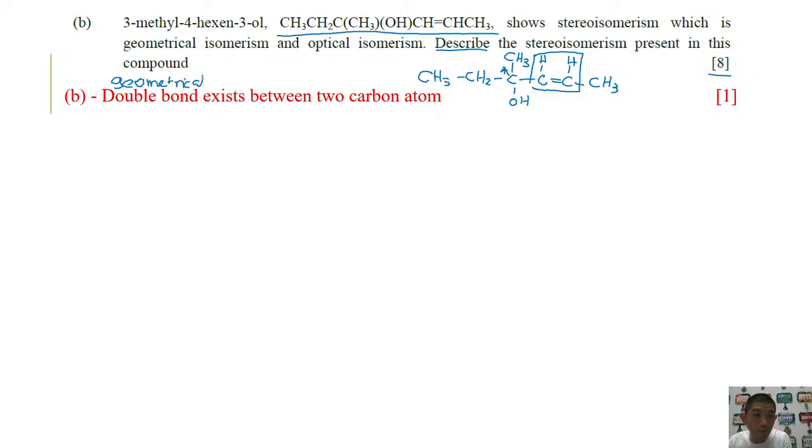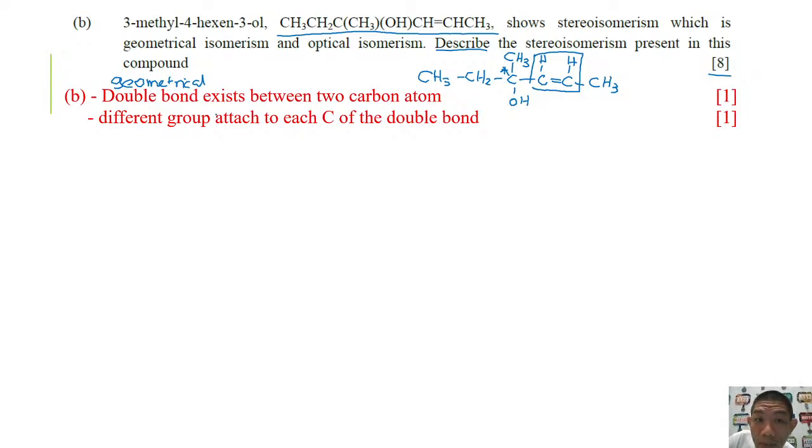For geometrical isomerism, a double bond exists between two carbon atoms, and each carbon is attached to two different atoms or groups of atoms in the C=C here. Because we are answering this question, we are defining based on this. But not only that, you can have a C=C that exhibits geometrical isomerism. Cycloalkanes can also exhibit geometrical isomerism.